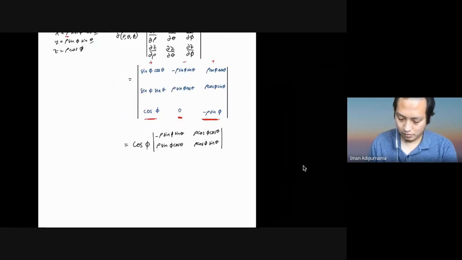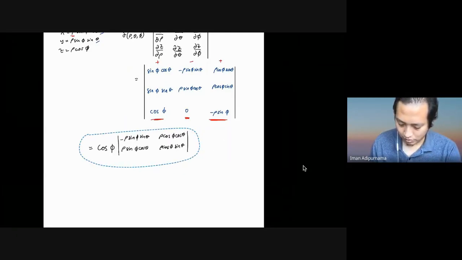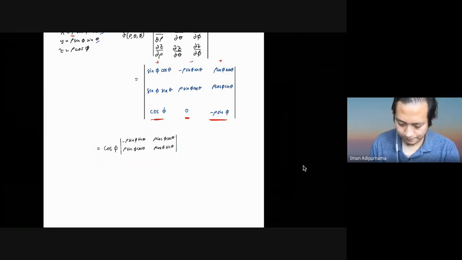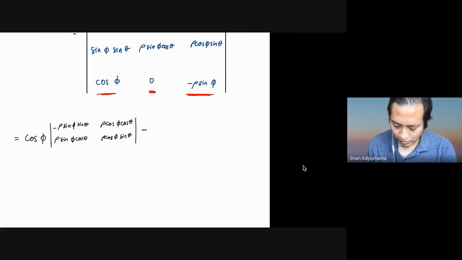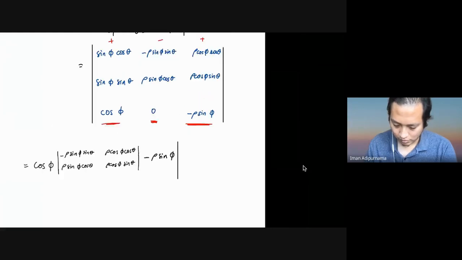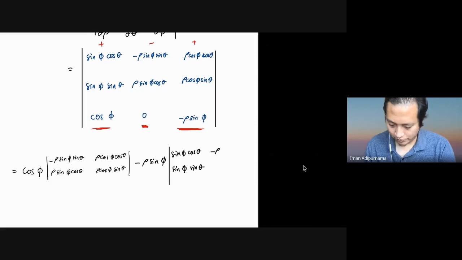Okay, and then plus, and then minus rho sine psi, sine psi cos theta, sine psi sine theta, and then negative rho sine psi sine theta.